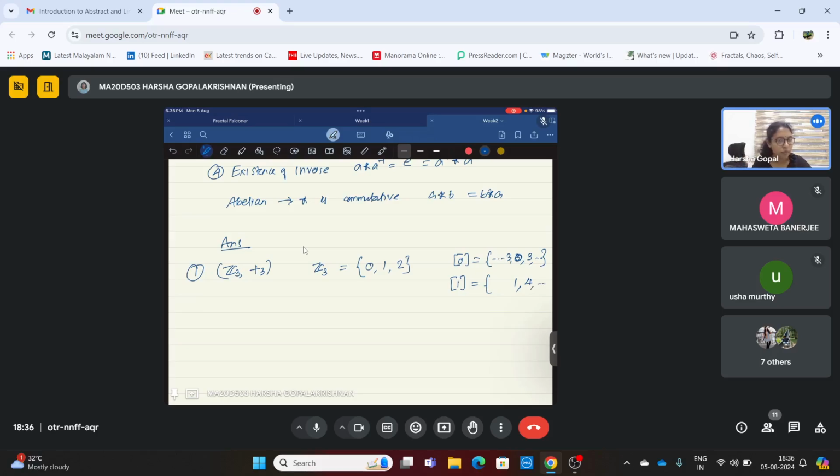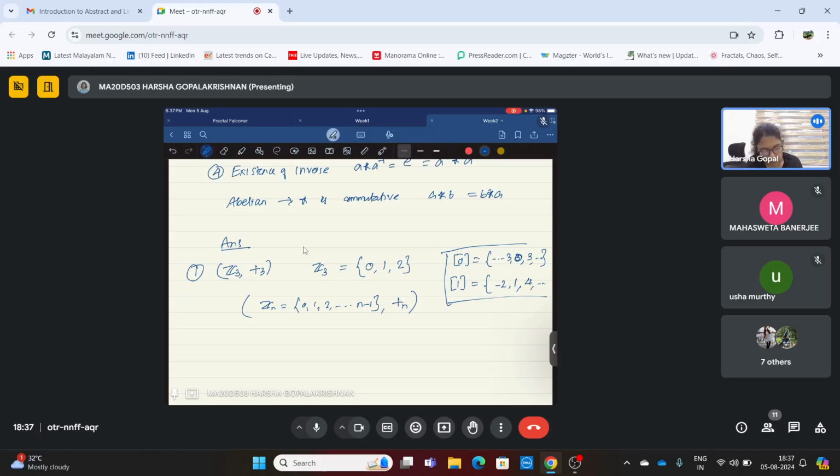Like this it will go, and also minus 2 and so on. For easiness, you can think Zn in general is 0, 1, 2, up to n minus 1, and usually we define the operator plus n on it.